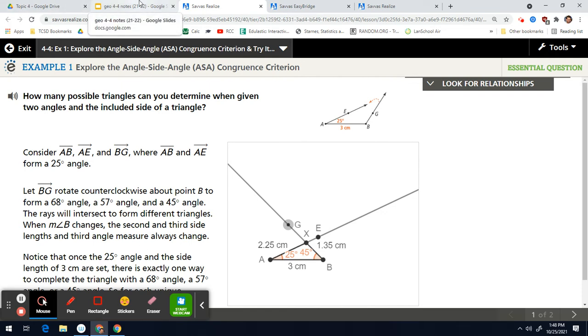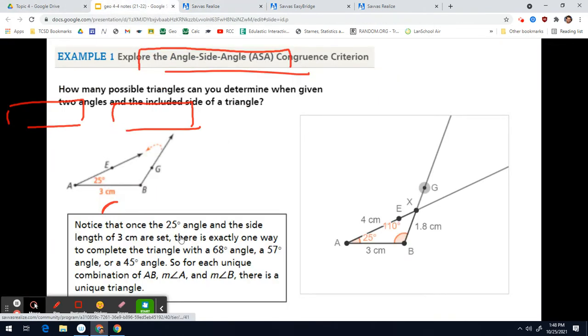So the idea behind this is that when you have a side, they call it AB, and then 2 angles, angle A and angle B, the angles on the sides of that side, so that the side is in between, there is going to be a unique triangle. Only one triangle can be made. All triangles with the same 2 angles and included side will all be congruent.